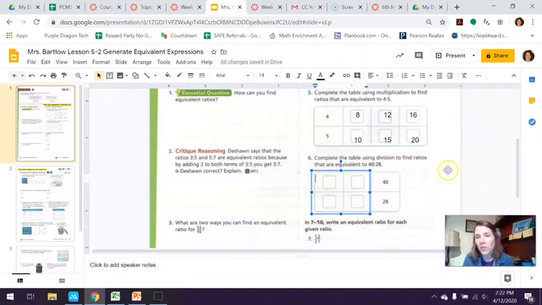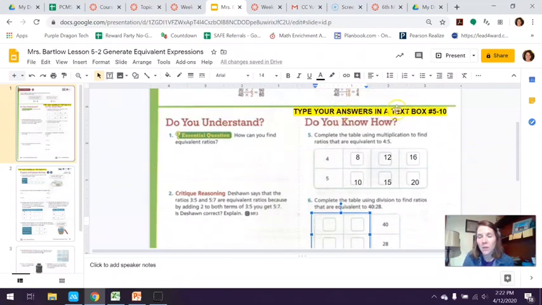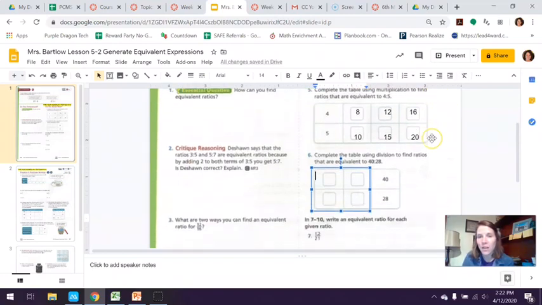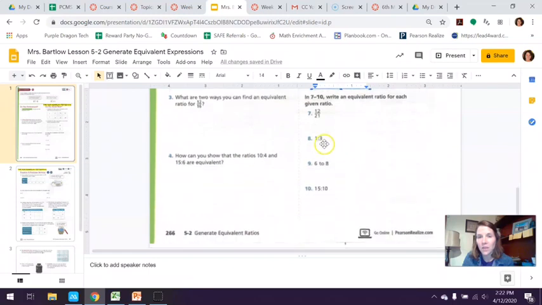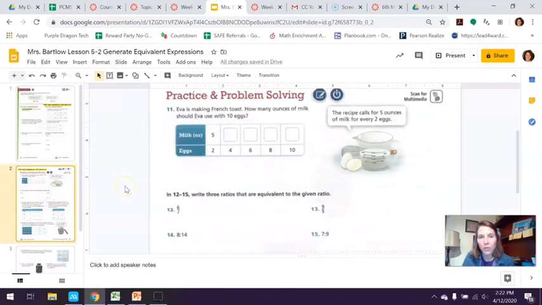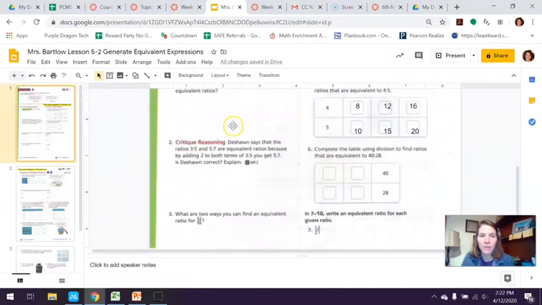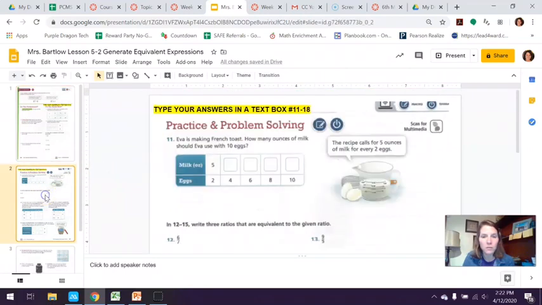So that's how you fill these in. And if you'll take a look, on this page, we're doing numbers 5 through 10. So there's 5, 6, 7, 8, 9, 10. On the next slide, which I can get to by clicking over here, I scroll to the top to see what I need to do. I'm going to do 11 through 18.